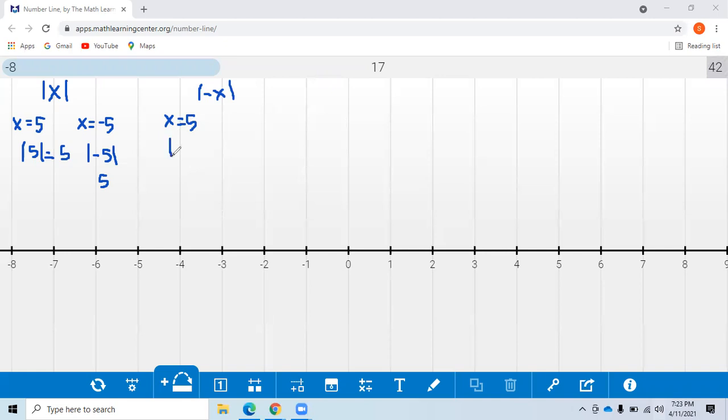So in my absolute value symbol, I have the negative, and then I have to substitute a 5 for x, and I'm going to write it in parentheses so we can see what that x really was. What we have is the absolute value of -5 now when we've simplified the parentheses. And the absolute value of -5 we just found is 5.